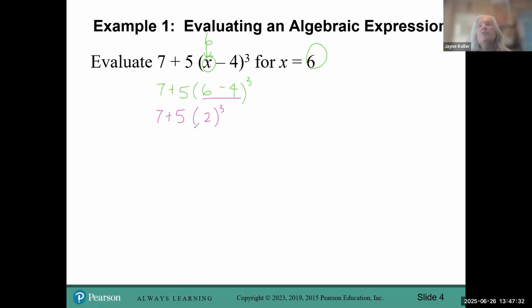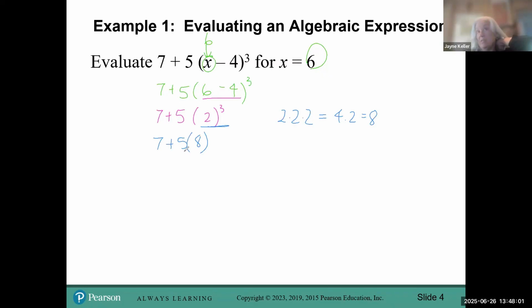The next thing that I'm going to do, my order of operations says next is exponent. And I have an exponent right here. So I'm going to evaluate this expression. 2 cubed is 2 times 2 times 2, which is 4 times 2, which is 8. So I'm going to replace this 2 cubed with 8. Now the next thing I'm going to do is any multiplication and division.